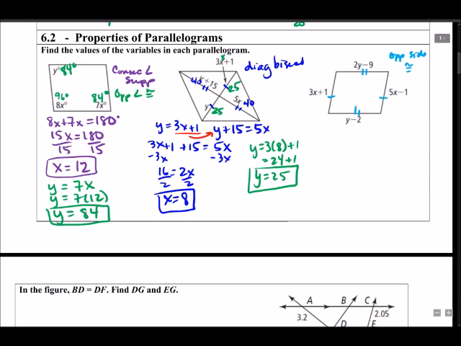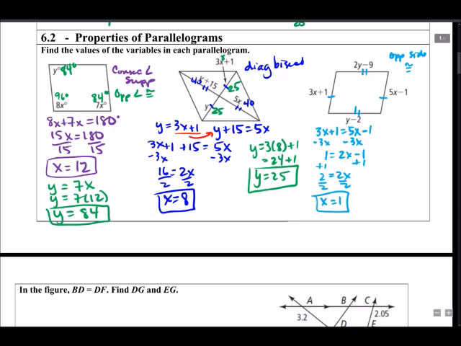So this one's easy enough. 3x plus 1 equals 5x minus 1. It's nice to have all of our variables in the same place on the problem. Add 1 to both sides. 2 equals 2x. So x equals 1.